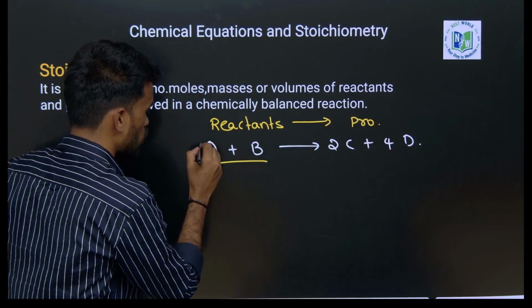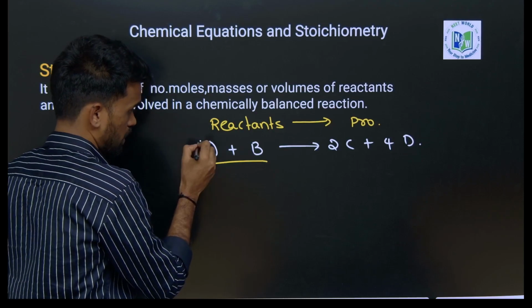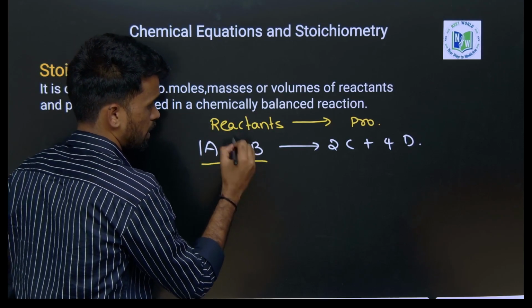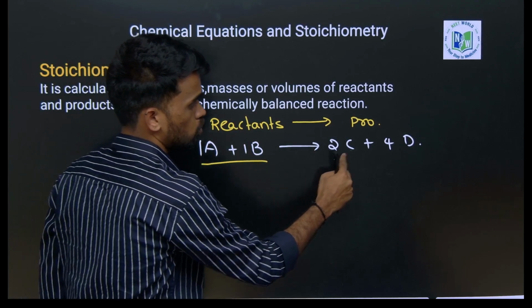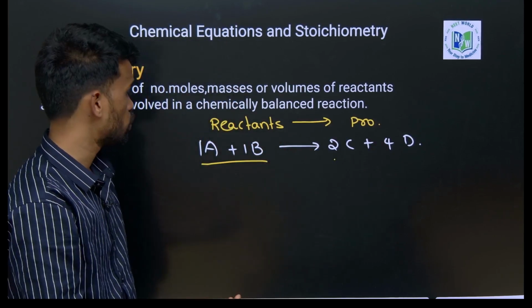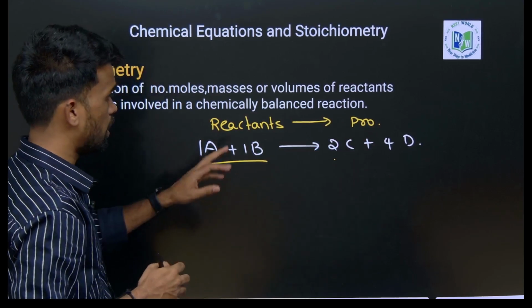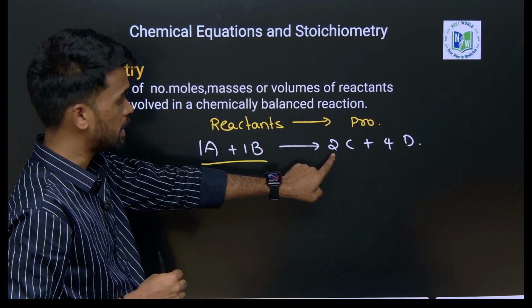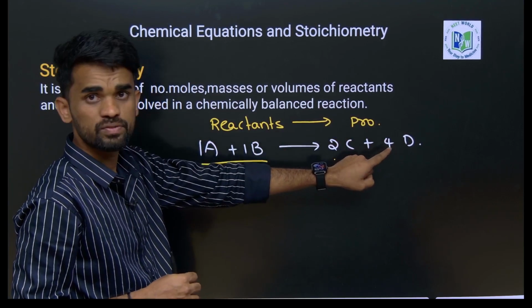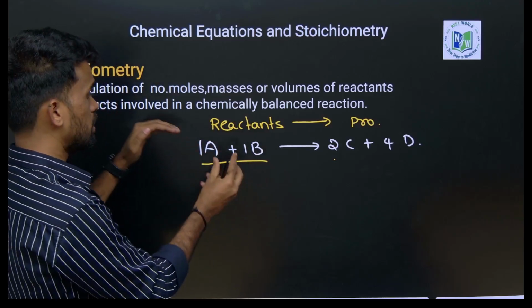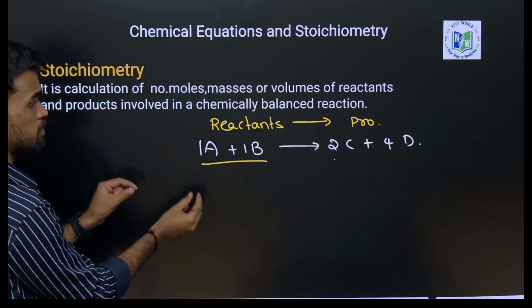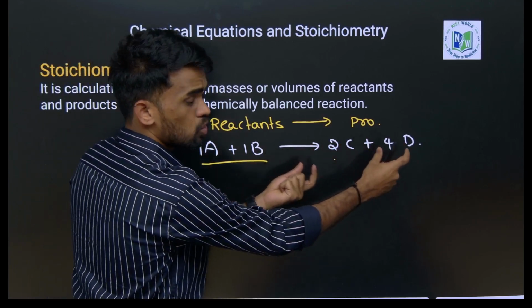Whatever stoichiometric coefficients we are seeing here, let us say 1 and 1, and here 2 and 4, these are called the stoichiometric coefficients of the respective reactants and products. What is the stoichiometric coefficient of C here? It is 2, and for D it is 4. During a chemical reaction, the reaction takes place according to these stoichiometric coefficients only.